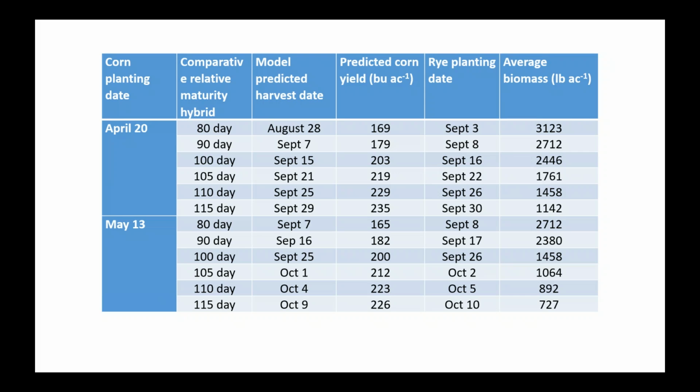At least this helps me think about it, right? So I would say, if you pair this information, if you're thinking about a medium season variety planted by April, our model predicts could be harvested by mid-September. So that would give you the potential for 2.5 tons on average of biomass.